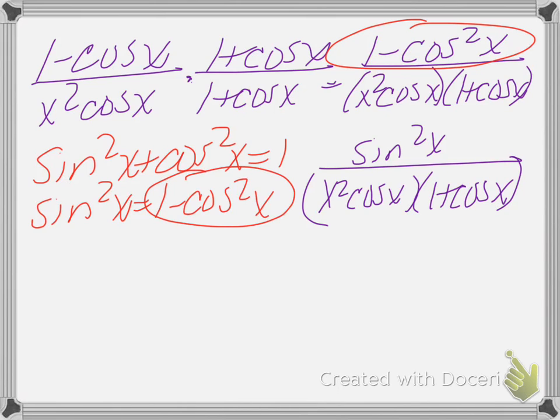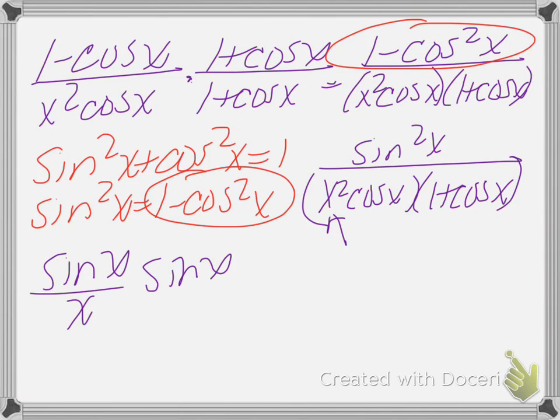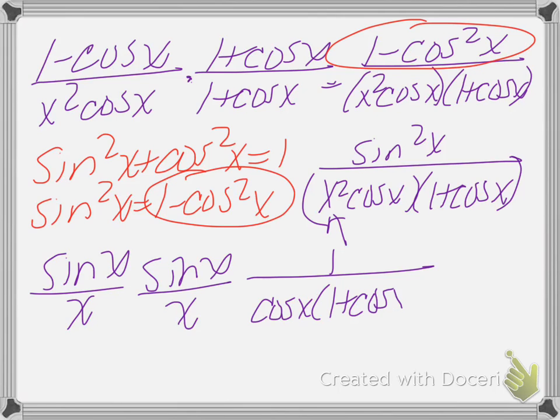Okay, and because this x squared is attached by multiplication, now I can break this up. So I'm going to get this, this, and this. Okay, we're ready now finally to take the limit.